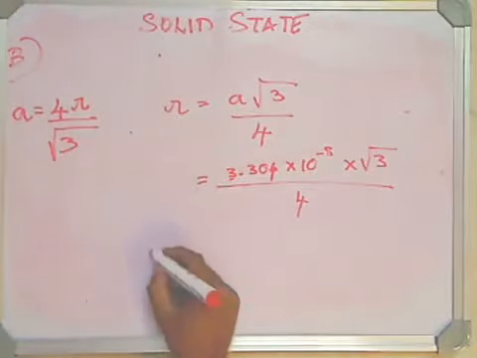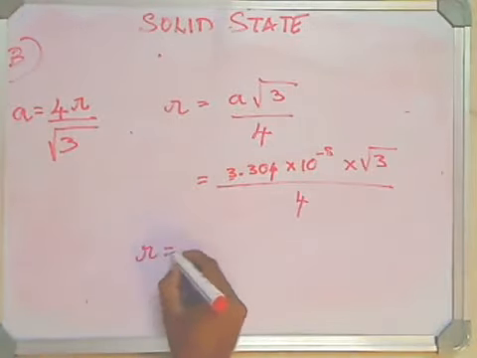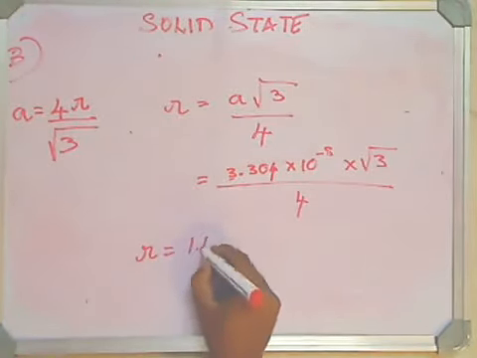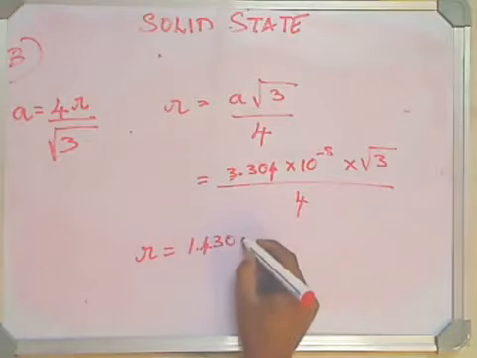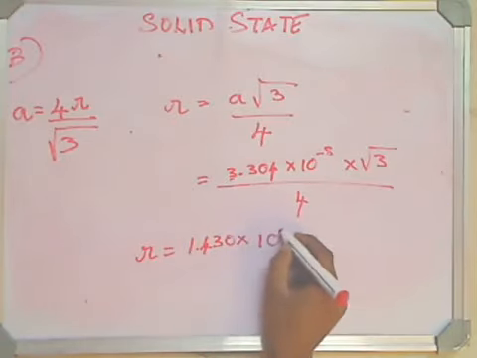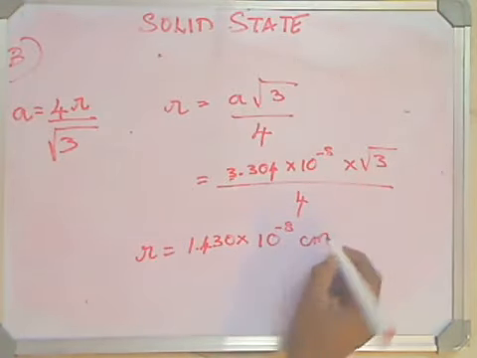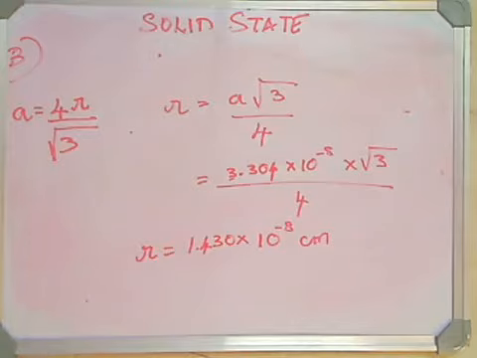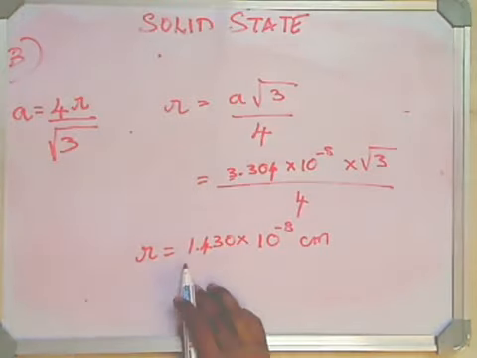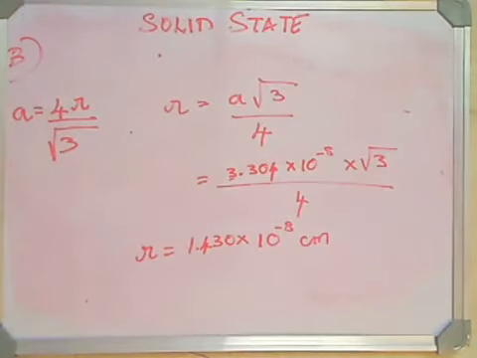Now this should give you the atomic radius. R should be equal to 1.430 multiplied by 10 to the power of minus 8 centimeter. So you have an atom which has a radius of this particular dimension. I challenge you to imagine something like this.